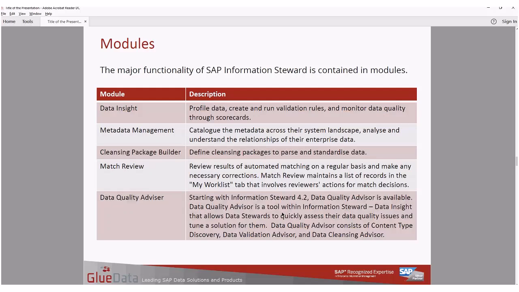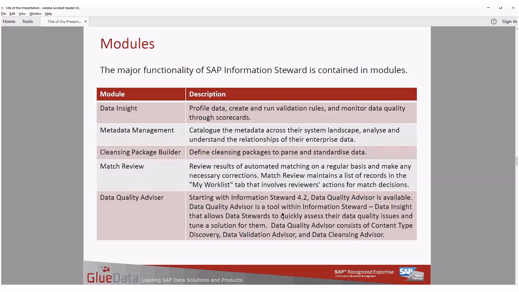There are decisions that need to be made, because a match might not always be 100% when you analyze the data, but we know that physically it is a duplicate. It's a duplicate product or a duplicate customer or a duplicate vendor in our system, which we need to fix.